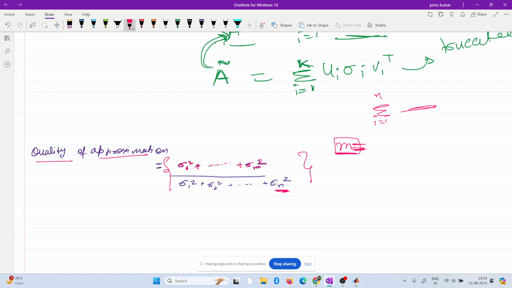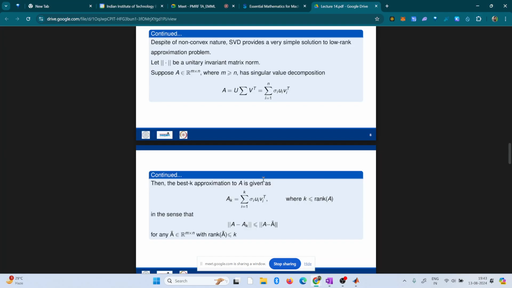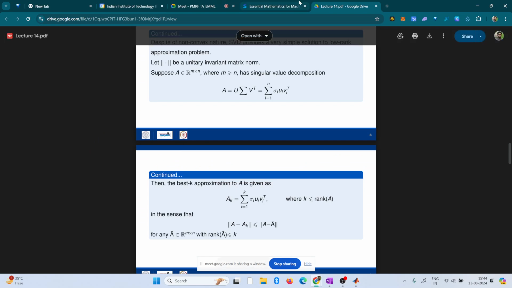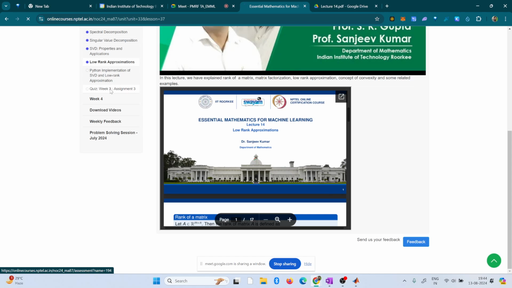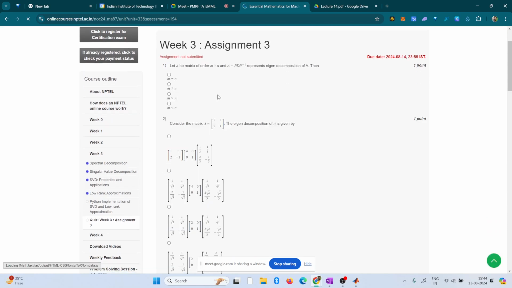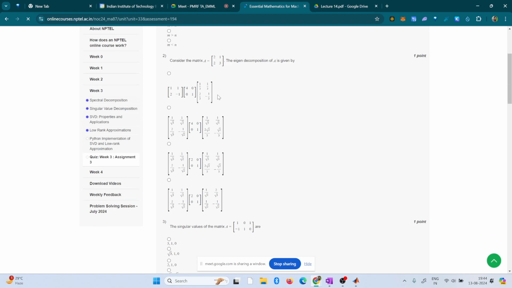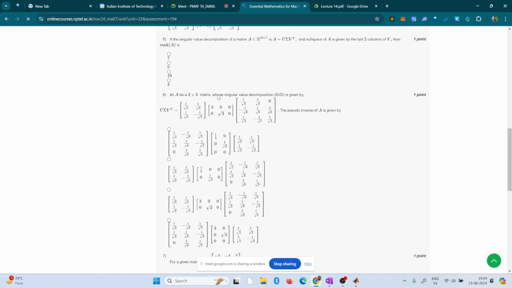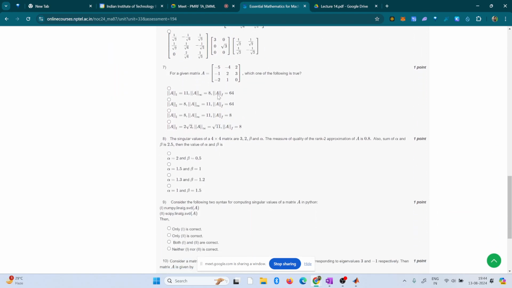Actually, there is a question this time. The four singular values were given, and we have to go for a rank 2 approximation. So from the quality of approximation, we'll get the equation. And not only that, the order in which it is given, like in decreasing order.